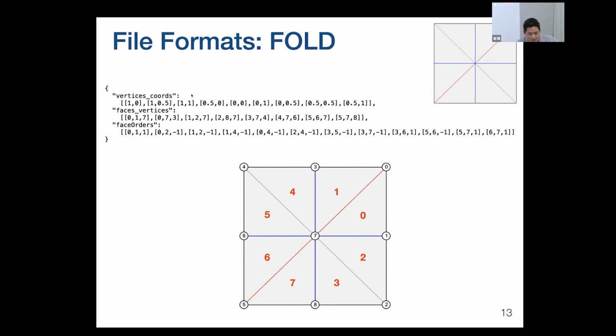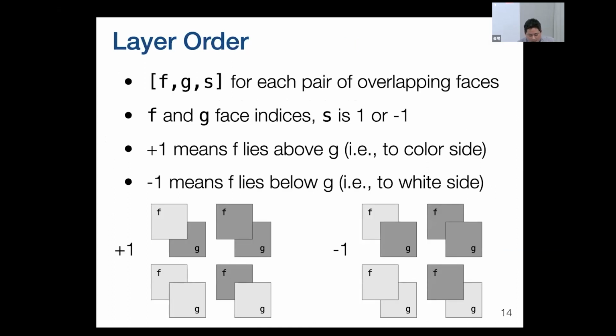So it has the coordinates that we're going to fold, the faces and their vertex arrays, and for every pair of overlapping faces, we have an order between them. That layer ordering definition is a little strange in how they do it, but it's complicated like this because the Fold format is meant to represent not just 2D flat foldable structures, but also 3D ones as well.